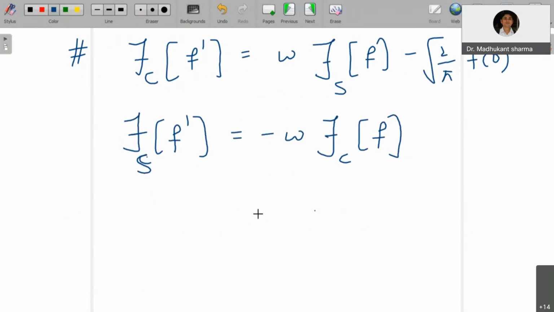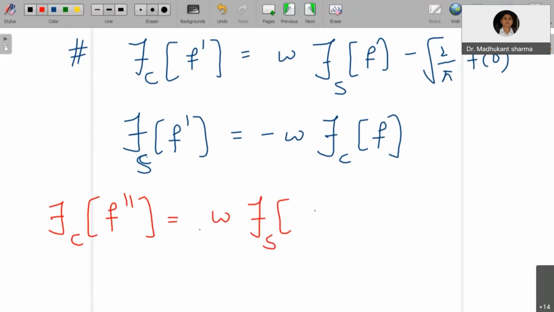Now, these together, what will they give you? If everything is fine, you can apply the Fourier cosine transform and sine transform to the second derivative. So the Fourier cosine transform of the second derivative f double dash is going to be w times the Fourier sine transform of f dash minus square root of 2 by pi f dash at 0, if those conditions are satisfied, in a similar way as for f.